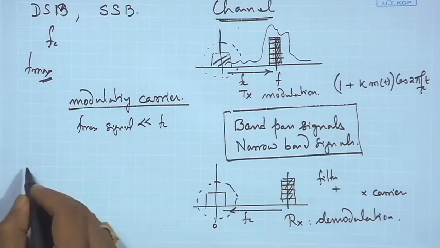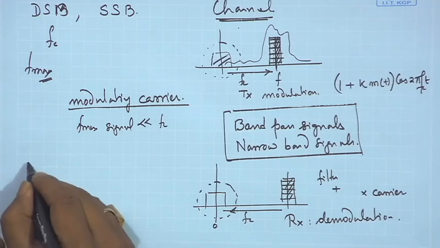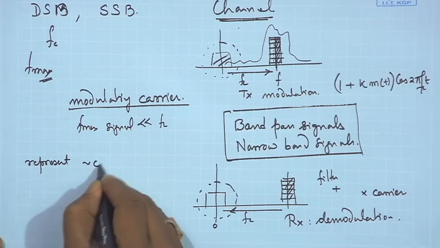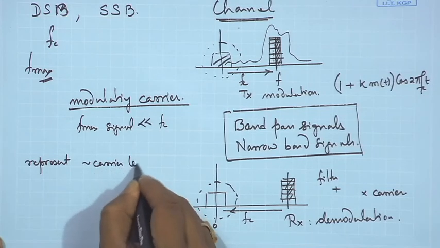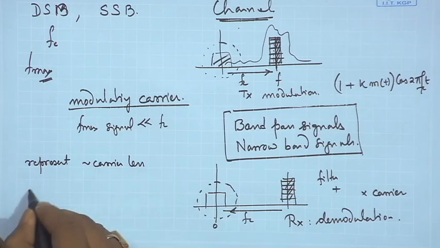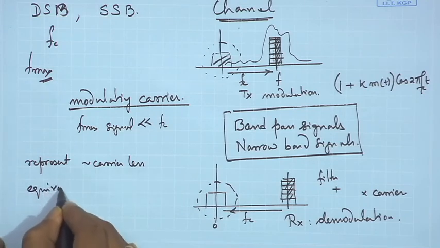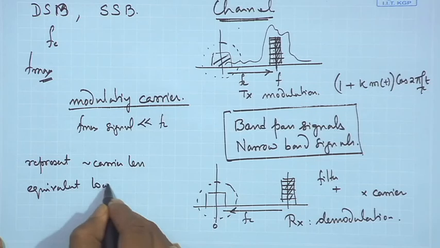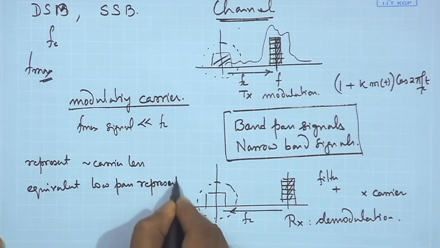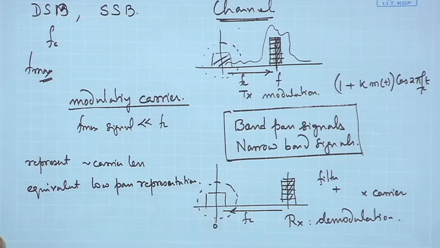So, therefore, we can say that we would like to represent a carrier less representation or equivalent low pass representation, right.